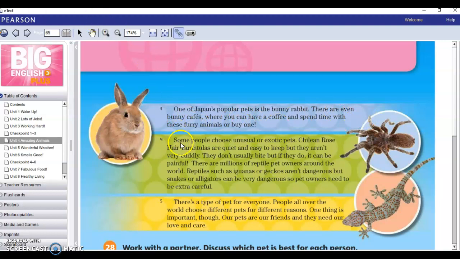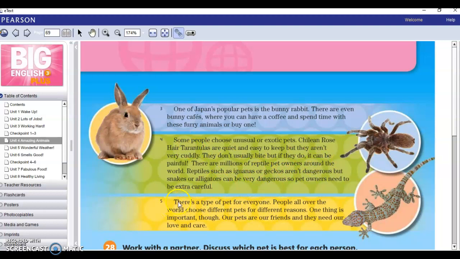In paragraph 4, "Some people choose unusual or exotic pets." This topic sentence informs us that the whole paragraph will be about unusual or exotic pets. And as you remember, we learned about iguanas, geckos, tarantulas, all this.